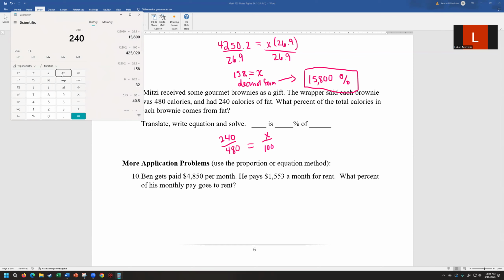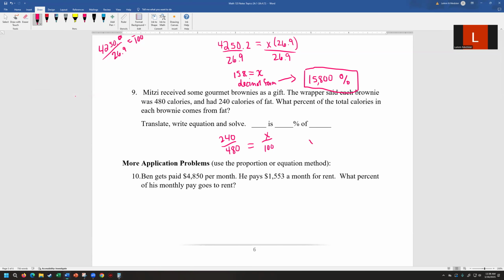So 240 times, not divide, by 100, and then divide that by the 480 since that's across from the X. And this is again, if I use the proportion method, I just get 50%. If I solve this one using the equation method, we would have had 240 is what percent of 480? I just want to show you both methods work. So on these last two, I'll probably solve them both ways.